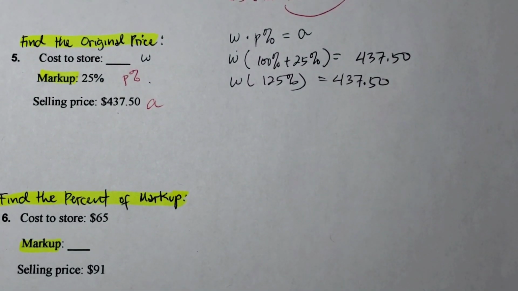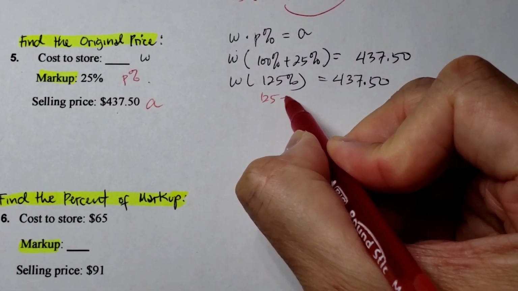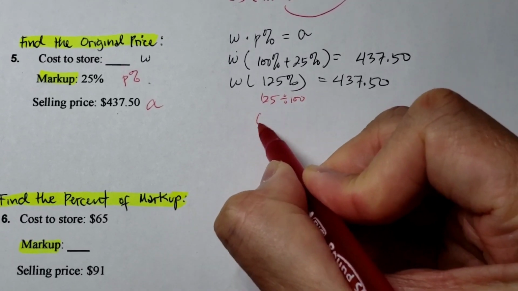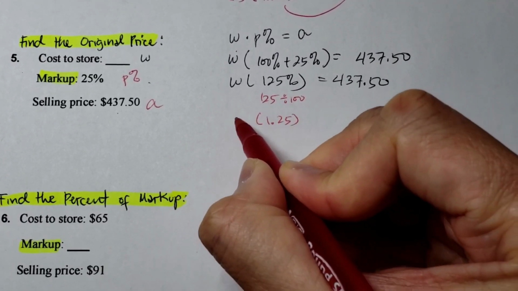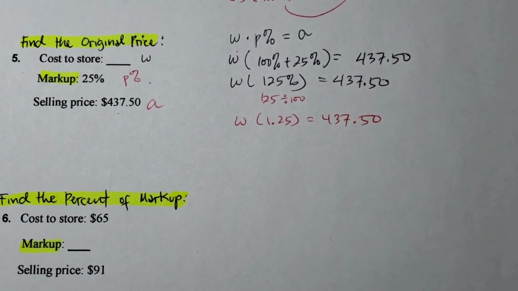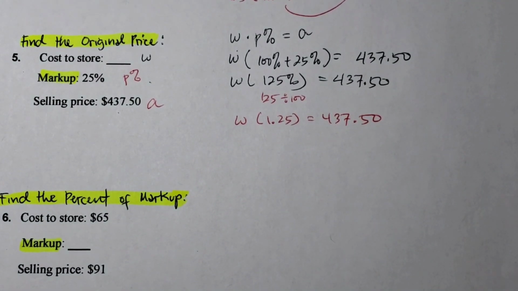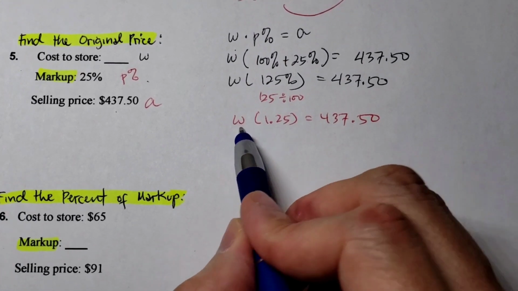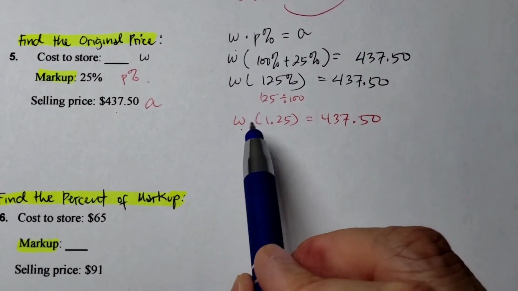So this becomes W equal to 125% if you're adding these two, is equal to 437.50. Now, change this to a decimal. So we're dividing 125 by 100. That should give us 1.25, and this is W equal to 437.50. So very similar process to finding the original price from my previous video. Now we're solving for W. Again, solving equations.